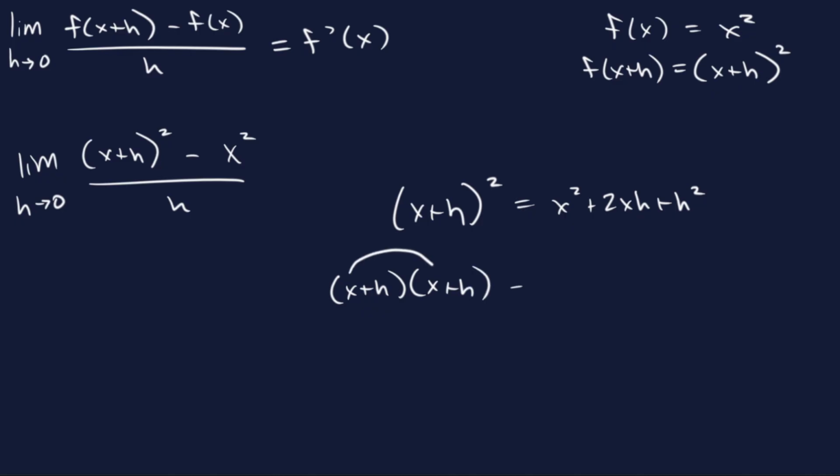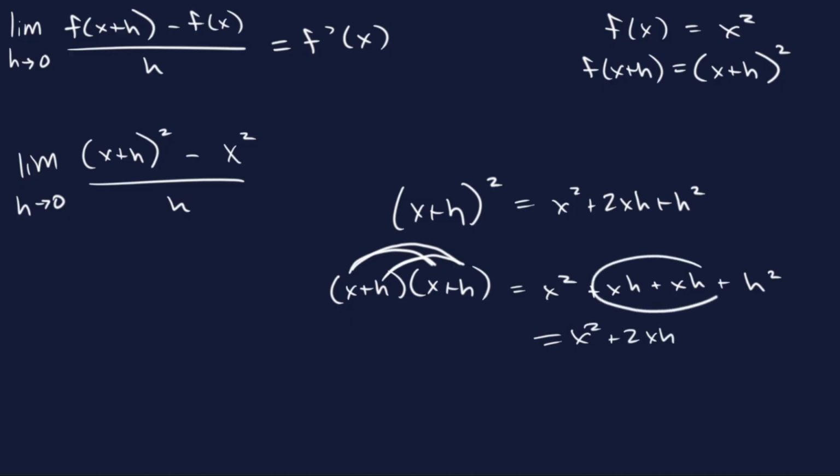So x times x is x squared, x times h is xh, h times x is also xh, and then h times h is h squared, which gives you x squared plus 2xh, combining these two like terms, plus h squared.